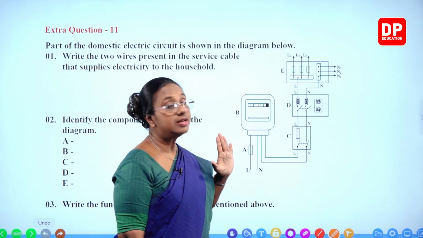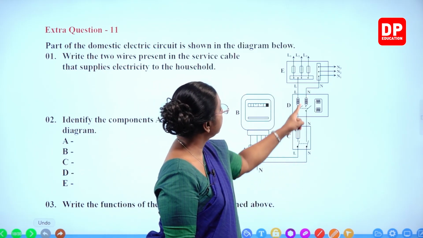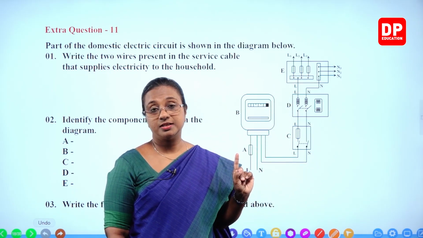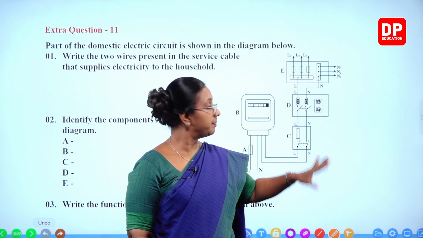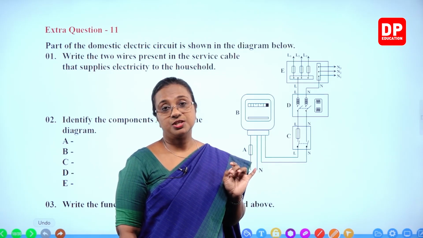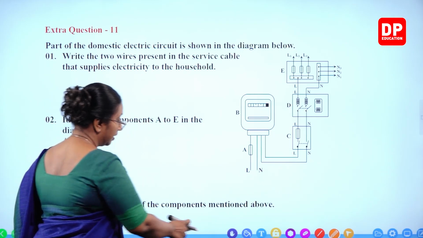Now in modern electric circuits, all these three, C, D and E, are present inside the consumer unit. But in the old households, the distribution box is separate from the trip switch and the main switch. You can remember that. So that is how we have the components.